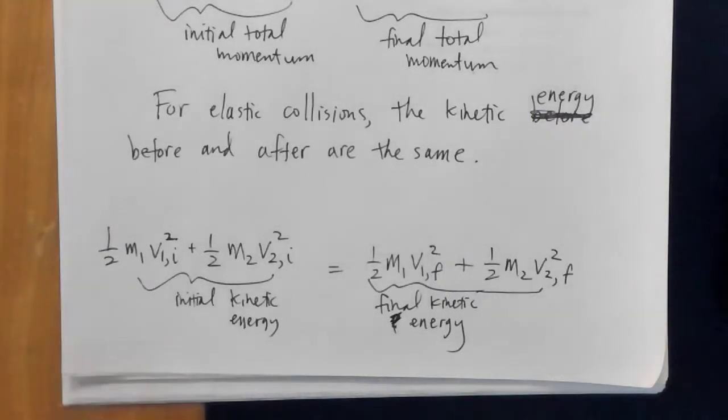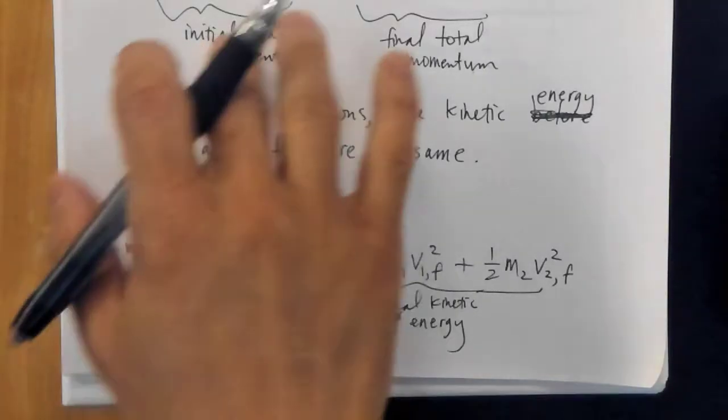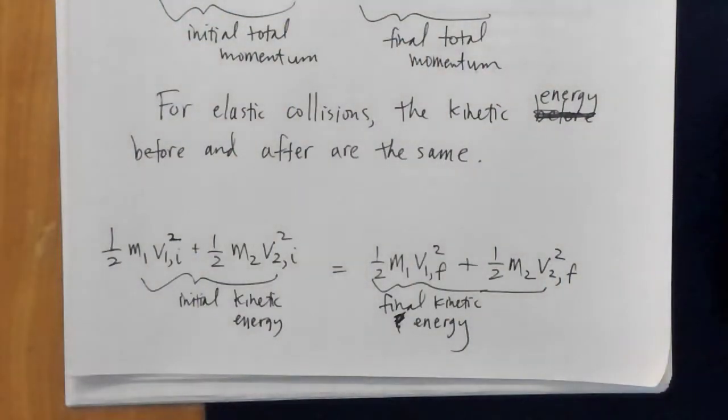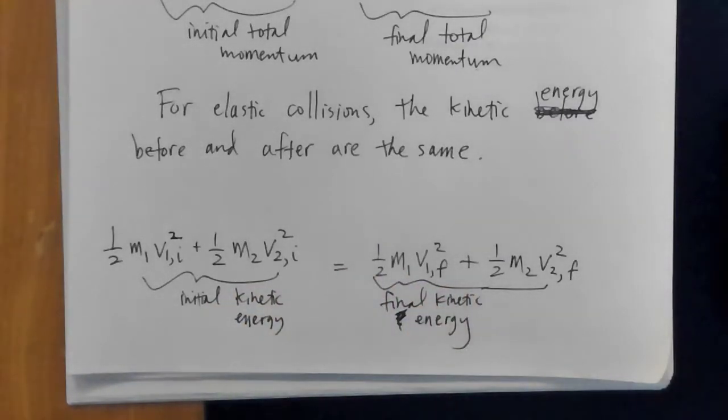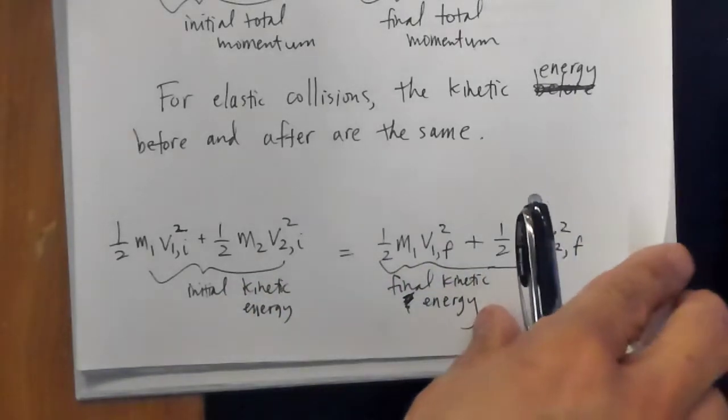Okay. Now, I should mention solving these problems can be really quite challenging, especially if you've played billiards or pool. You hit balls against each other, and you can have them not be a head-on collision, and you can have it go on various angles, right? So then you'd have to solve for conservation of momentum in the x direction and the y direction, and then you'd say, okay, then the kinetic energy is the same before and after, and it's a pretty tough problem.